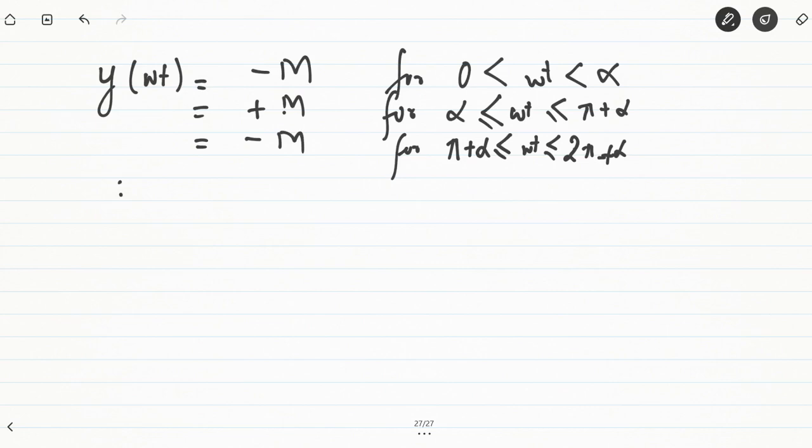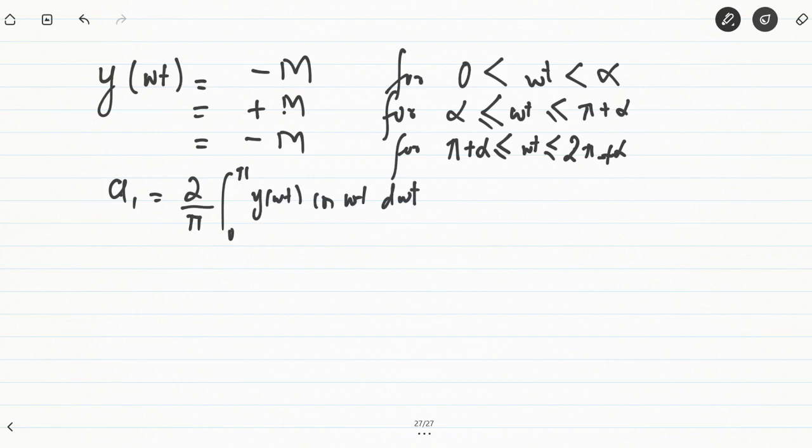So for the Fourier series expansion of the fundamental component, we need to determine both a1 and b1. In this case, a1 is equal to 2 by pi integral from 0 to pi of y of omega t cos omega t d omega t.